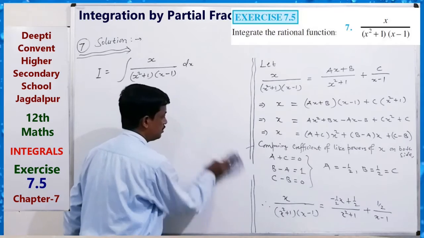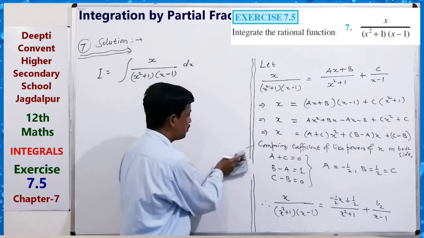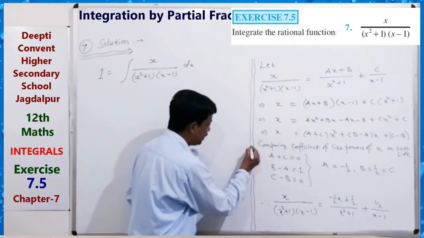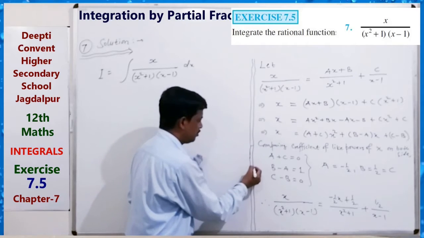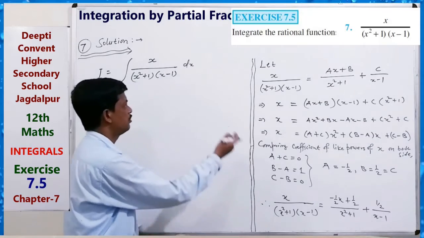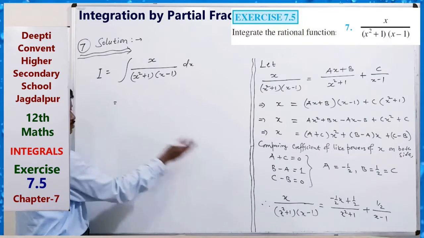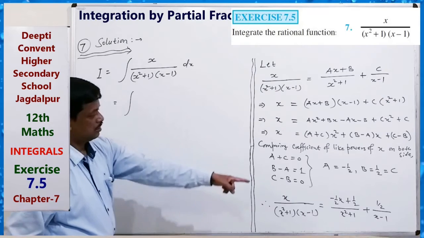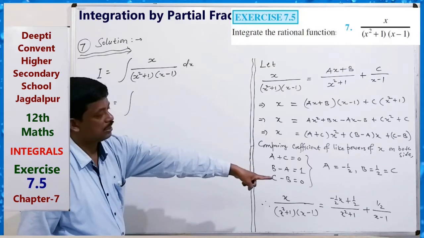So if not partially fractioned, the fraction will be complicated. There are only two or three methods for partial fraction. Now using this here, in place of this we can write the right side.